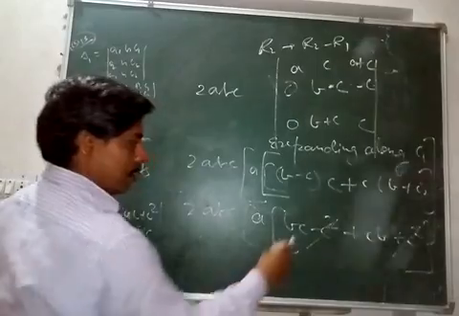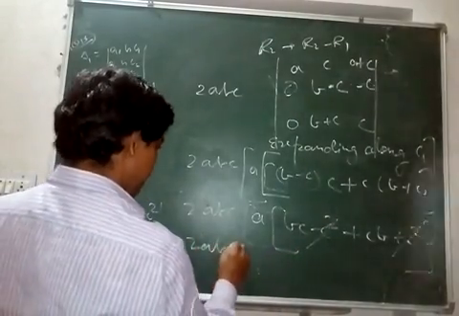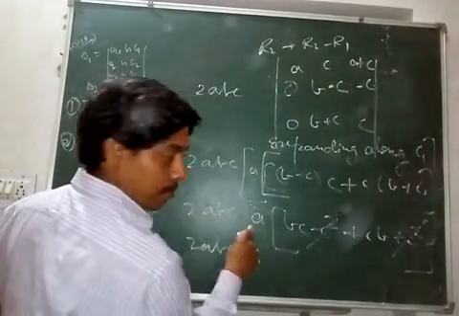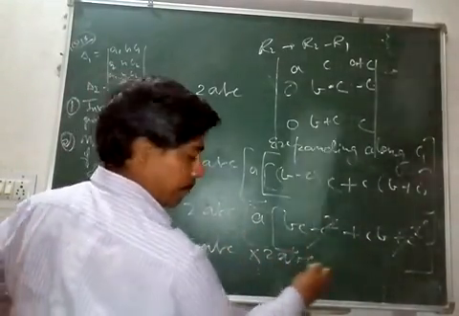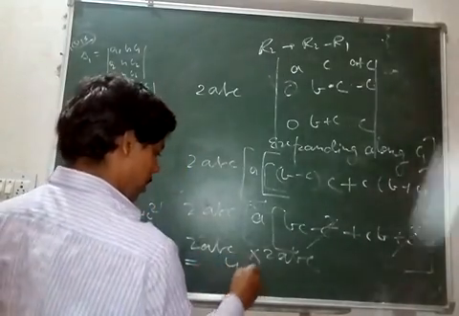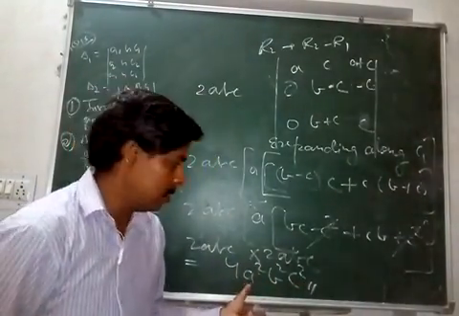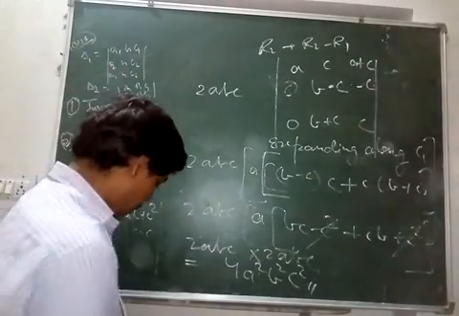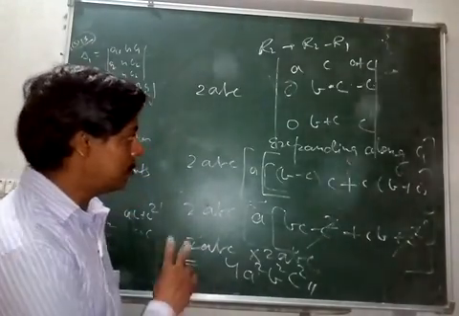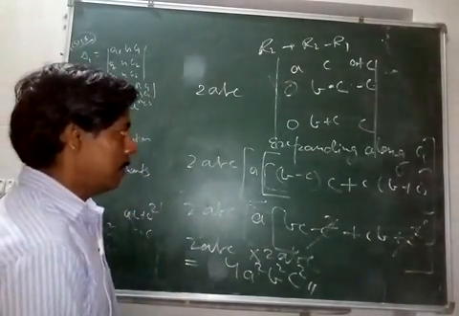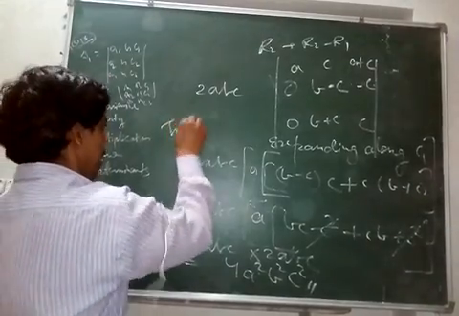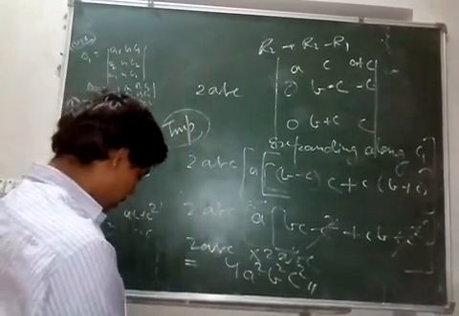C square gone, 2BC we are getting, so 2ABC multiplied by 2BC into A, 2ABC again. So what we are getting? 4A square B square C square, which is the required result. So this is how you prove any question on determinant. You should go through this question one more time to understand. This is a very important question, and based on this we will be solving a lot of other questions.